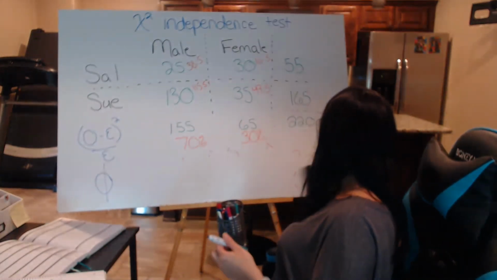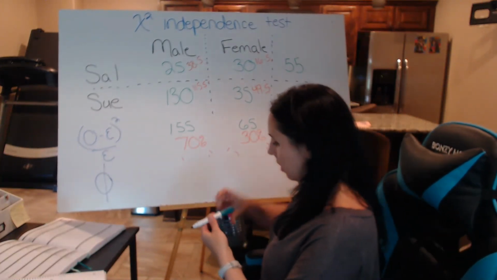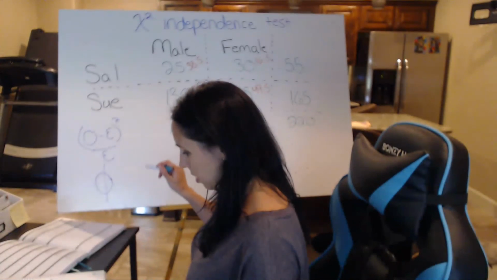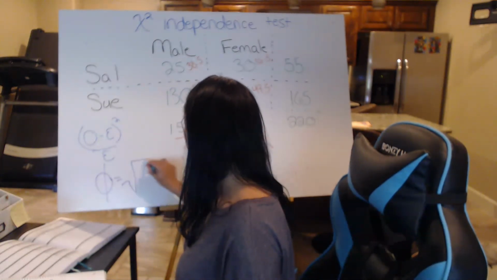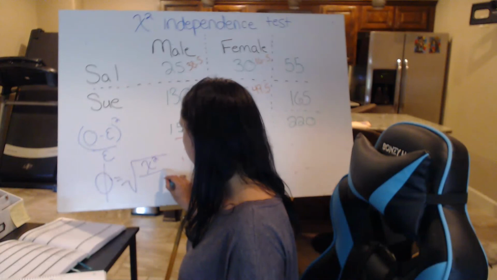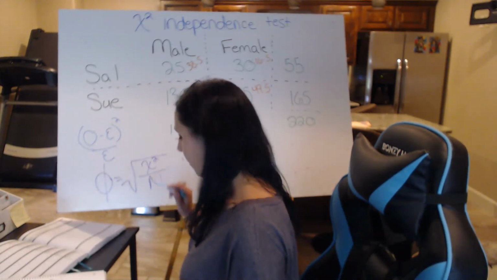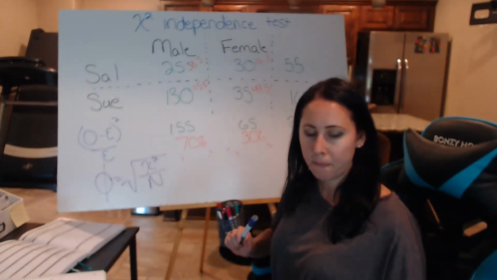All right, so our phi equals the square root of our chi-squared over our n. So square root of chi-squared over n.